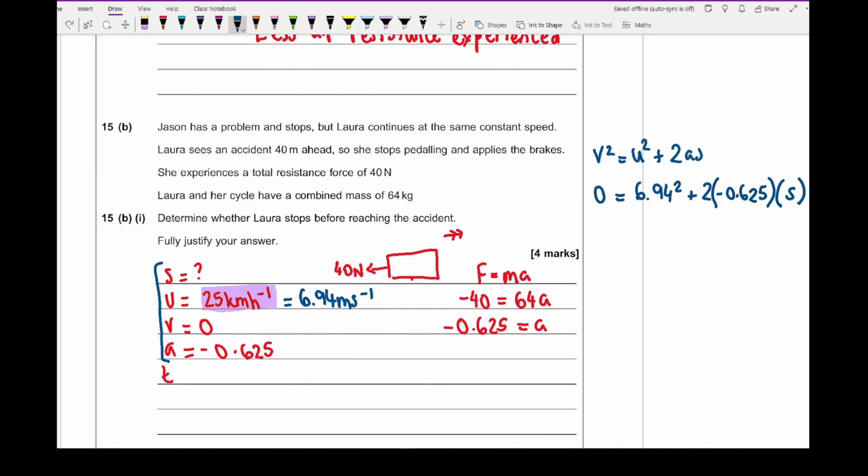What we get in the end is s is equal to 38.5 meters. If we compare that to the accident, which is 40 meters ahead, the question is, will Laura stop in time before the accident? She's going to travel 38.5 meters before stopping, so our conclusion is yes, she stops before the accident.